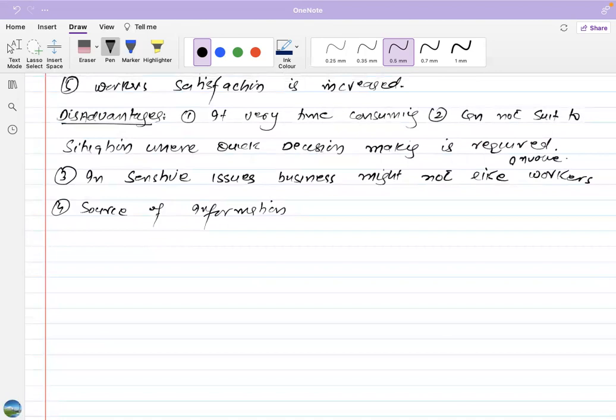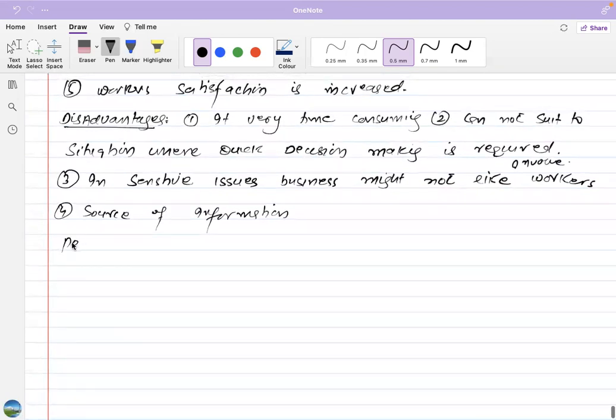Now, what are the possible situations, possible applications where such a style of leadership can be used?